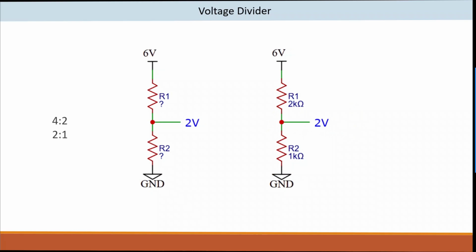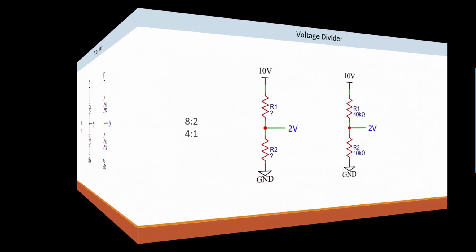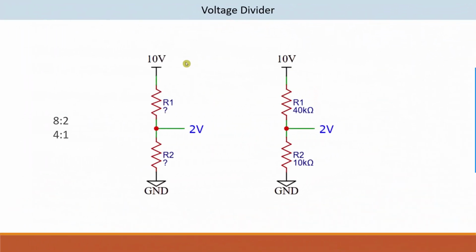Okay, so next, the input voltage is 10 volt and I need an output of 2 volt. Now we'll calculate R1 and R2. So here 10 volt, here 2 volt. We are losing 8 volt across this resistor, and we are going to lose 2 volt across this resistor. So 8 is to 2.